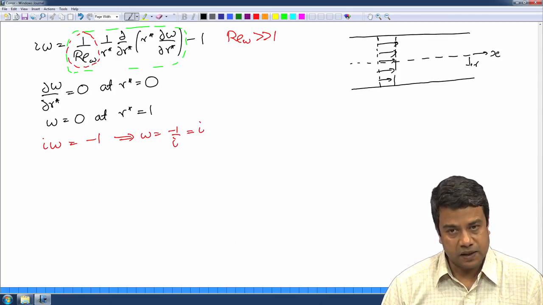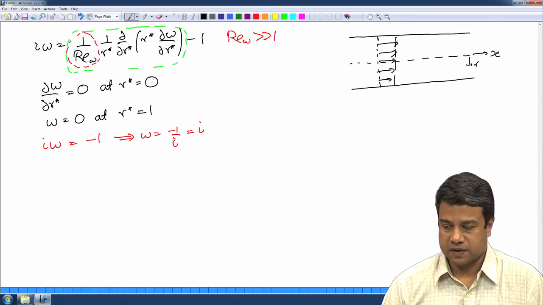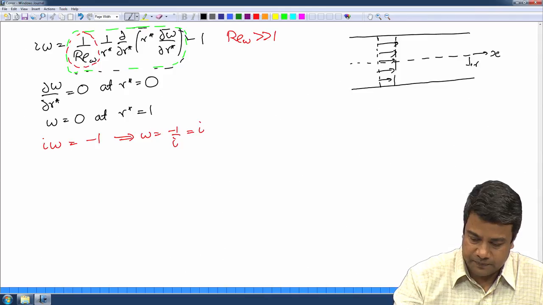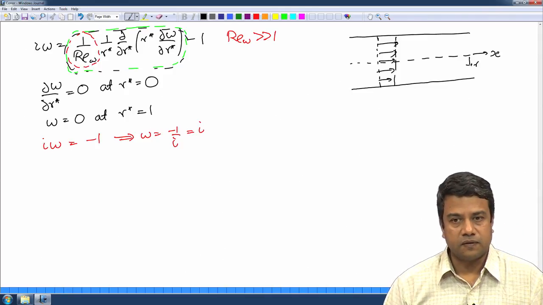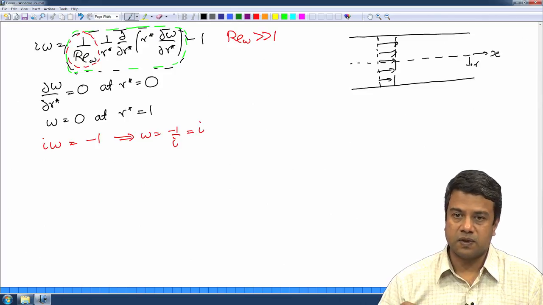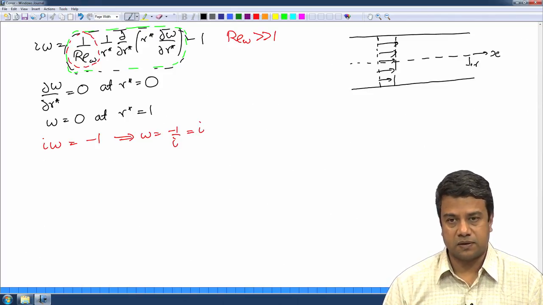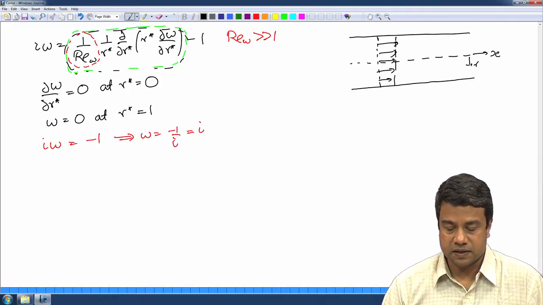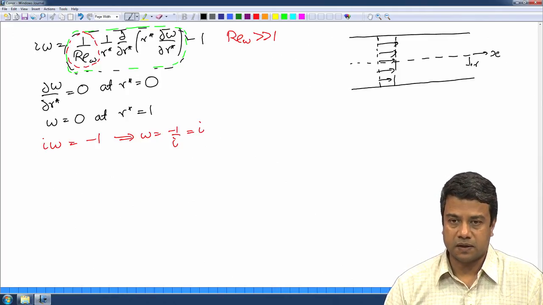In my simplified momentum conservation equation, I have neglected this diffusion term from the wall. Therefore, in the solution there is no diffusion. Therefore, there is no way for the fluid to be retarded close to the wall, which means that the velocity cannot decrease to 0 at the wall itself. That is the physical problem. That is the physical reason why we are not able to satisfy the no slip boundary condition.